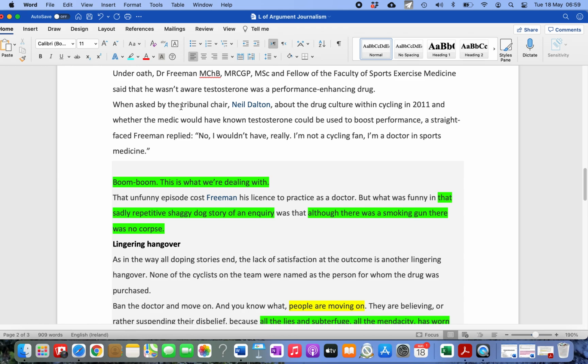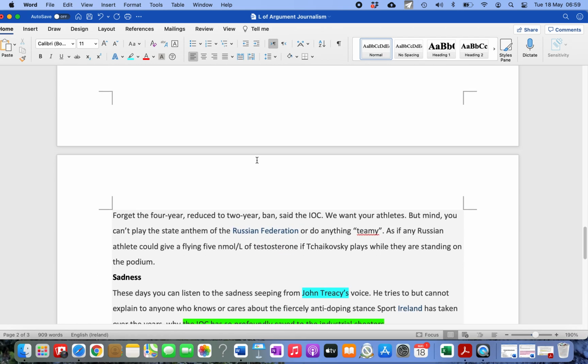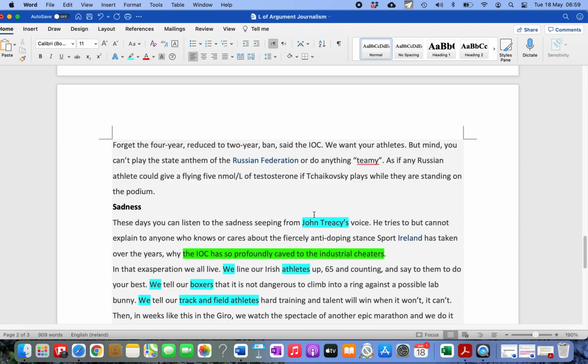He refers to the tribunal chair, Neil Dalton. He refers to a question that was asked by the tribunal chair. He then refers to an answer in a direct quote given by the witness. So we have lots of evidence in the passage, okay? It's really, really good. He goes on to refer to John Tracy, who was in charge of the Irish Olympic Council.